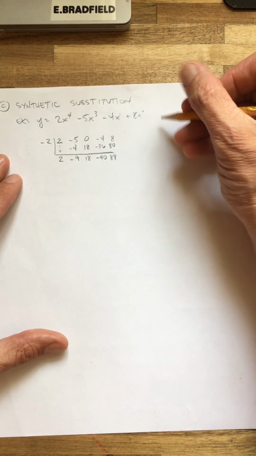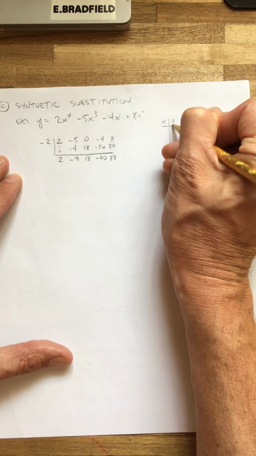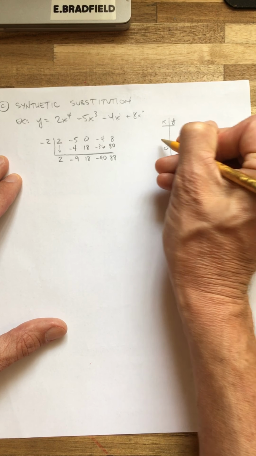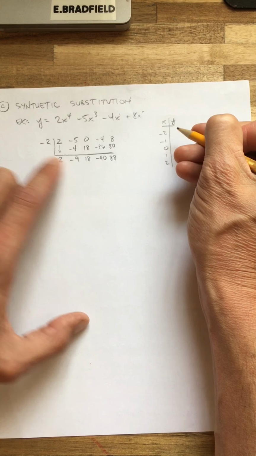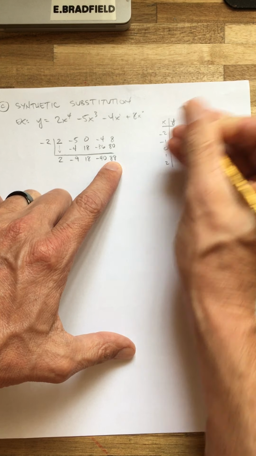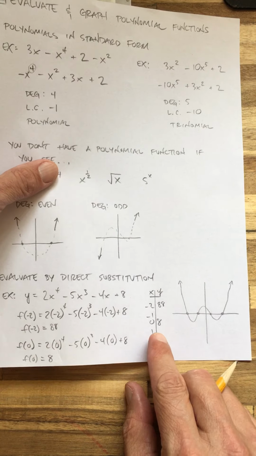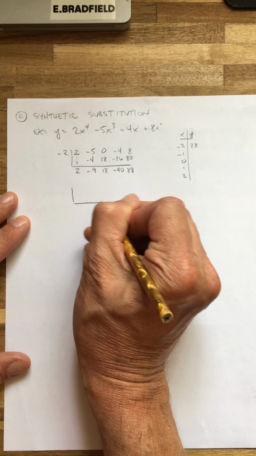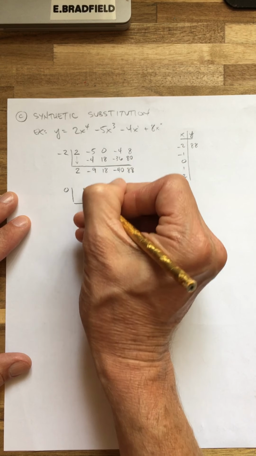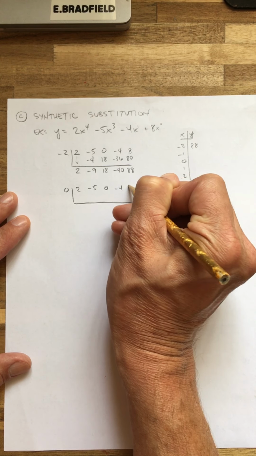So now on our T-chart, the T-chart that I had, when I had 0, -1, -2, 1, and 2, the -2 gives you 88, okay? All right, let's do, what was it that I did? 0. I also plugged in the 0. Okay, so we'll do another one of these. All right, so 0, and we have 2, -5, 0, -4, and 8.